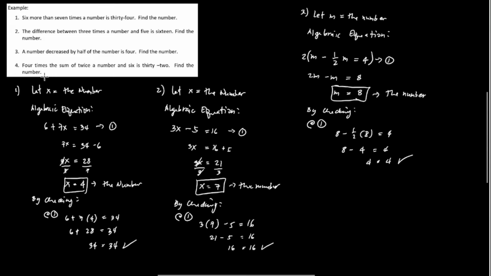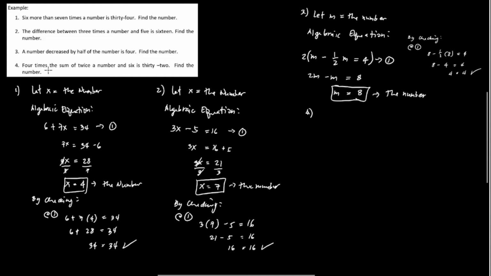Number 4. 4 times the sum of twice a number and 6 is 32. Find the number. Let's try D, which is the number.